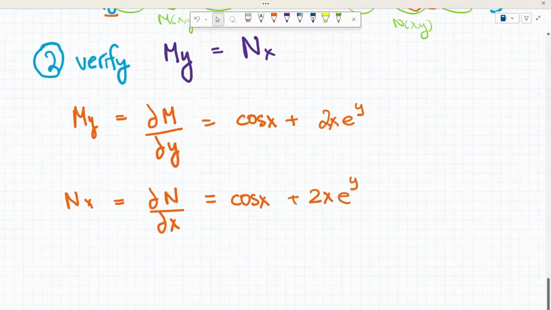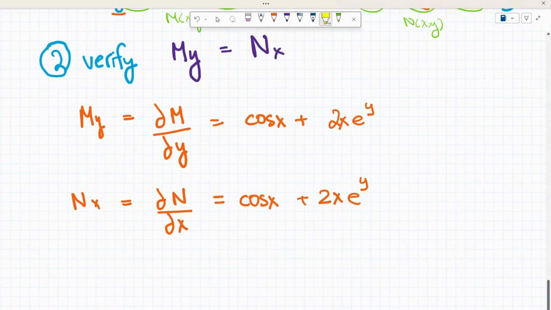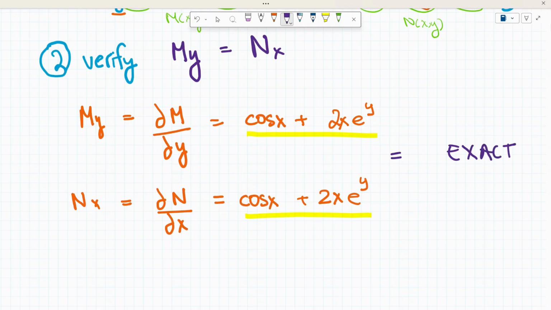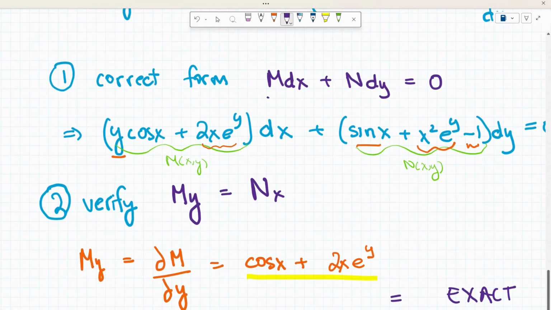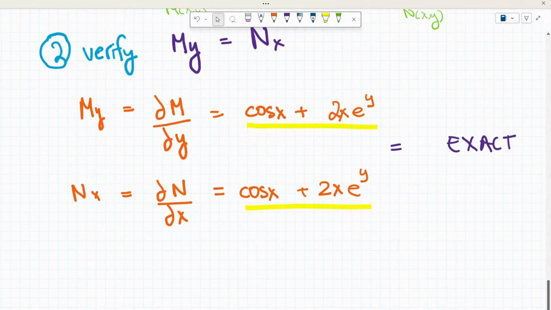So we can see that the partial derivative of M with respect to y equals the partial derivative of N with respect to x. That means we have an exact ODE, because this checks out, and we were able to put it in this format and have 0 on one side of our equation.